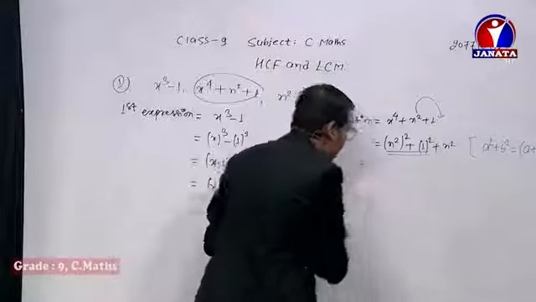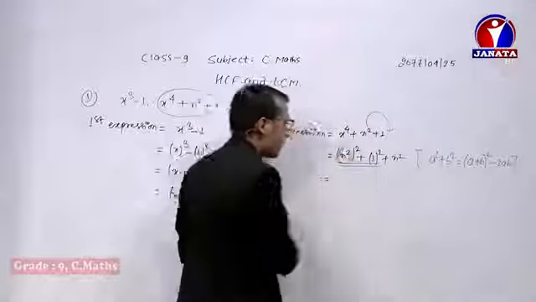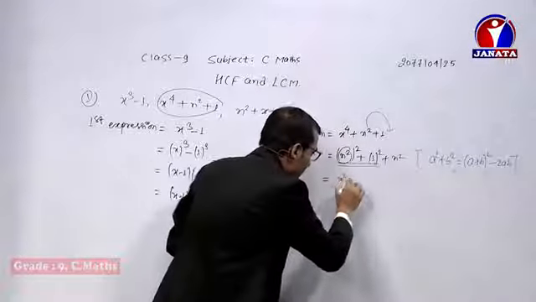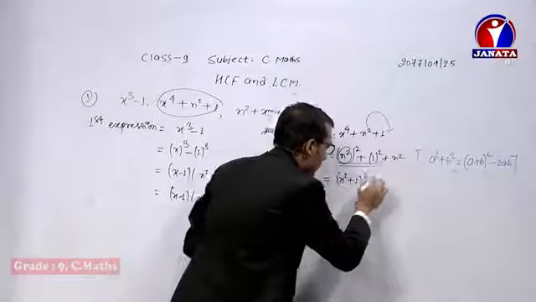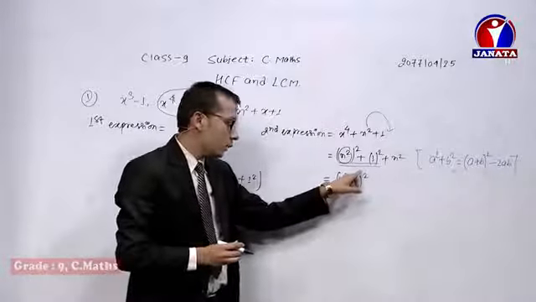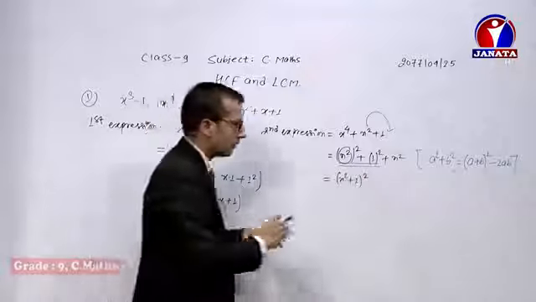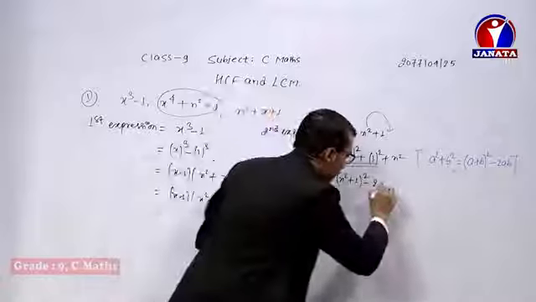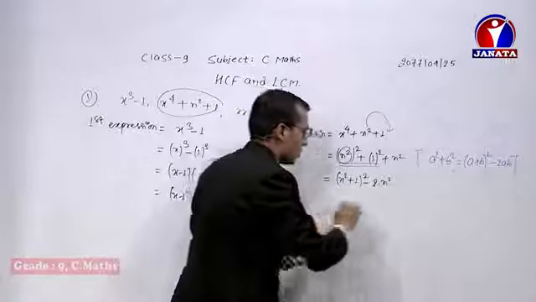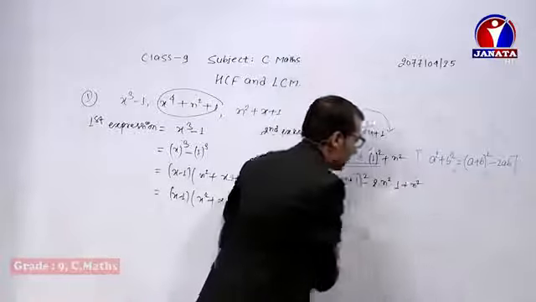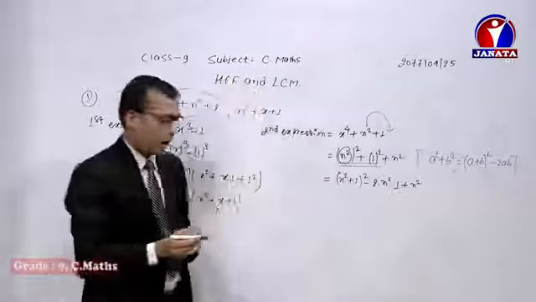So what is a? a is x square, and what is b? 1. So x square plus 1 whole square. It's a plus b whole square minus twice of what is a? x square. What is b? 1, plus the last term is the same, x square.